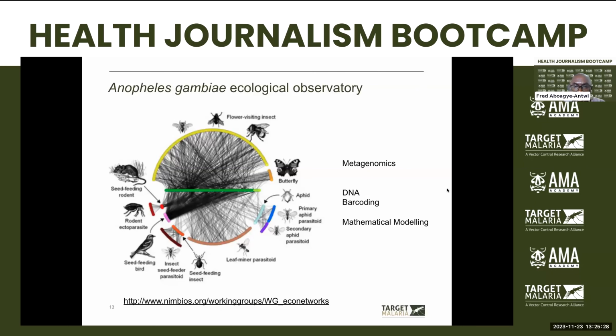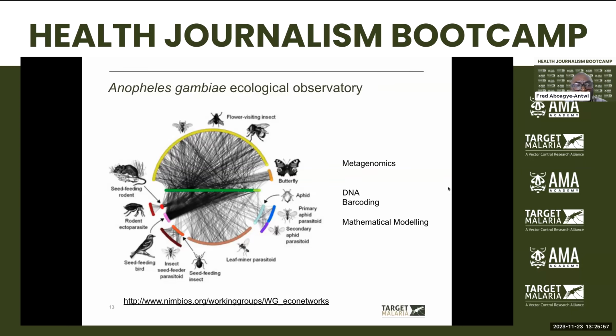And so after collecting all these samples, we build what is known as the network. What we see here is just an example of such a network. You could see a bird towards the bottom here, and a couple of lines from that bird linking to other organisms within the network.